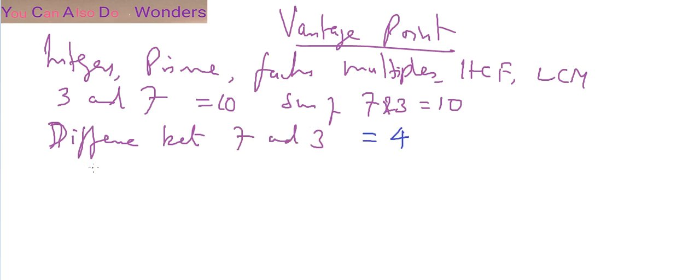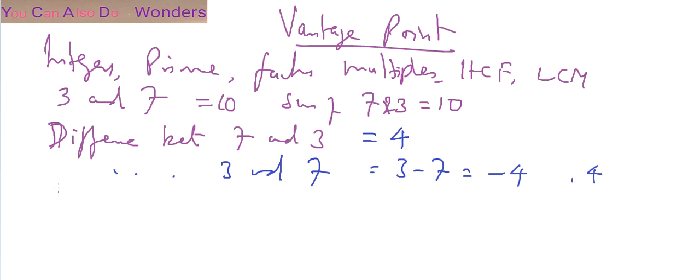But if I ask what's the difference between 3 and 7, then confusion comes. Some may say 3 minus 7, which is equal to minus 4, or some may say the difference is 7 minus 3, 4. So which is correct?